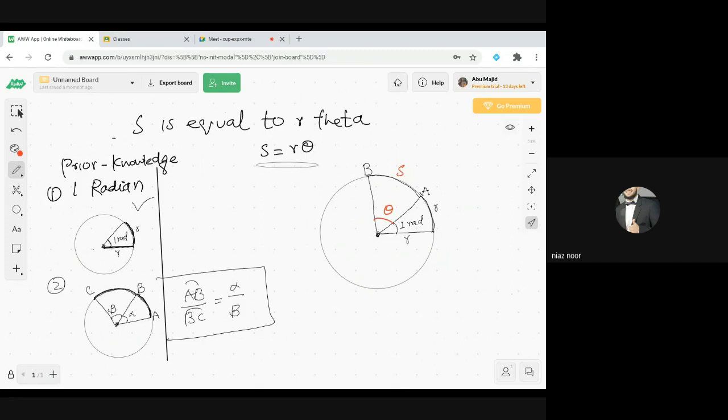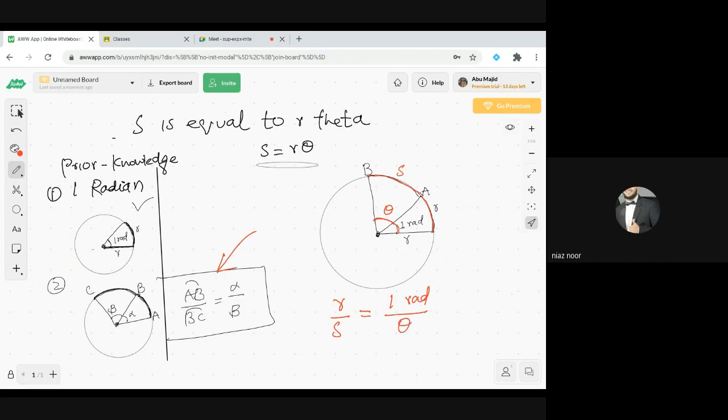Now, using this theorem, we can easily say that the measurement of this arc divided by the measurement of this arc, R divided by S, should be equal to the angle subtended by the first arc, which is 1 radian, divided by the angle subtended by the second arc, which is theta.